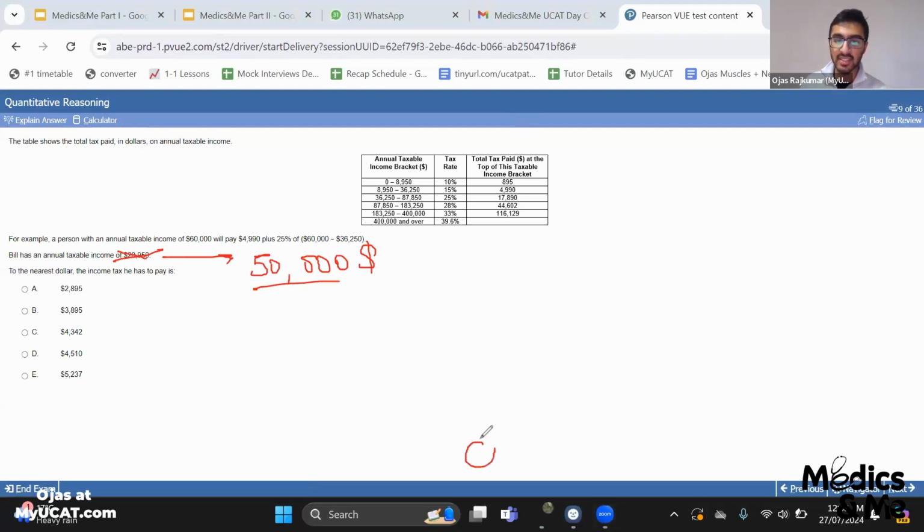So imagine we're starting at 0 and we're told that the first bracket goes from 0 to 8,950. However much money is in this bracket, we're going to be paying 10% of that. And it actually already tells you what 10% of that is in the question. So we know that's going to be 895.